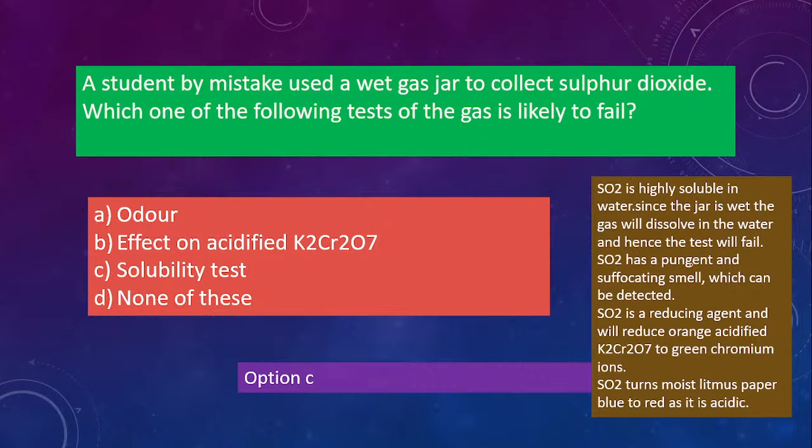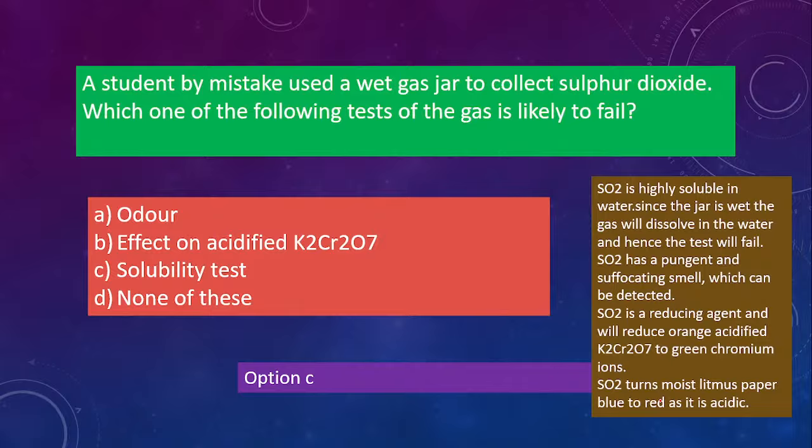If you go for the odor test, sulfur dioxide has a pungent and suffocating smell which can be detected. And if you are taking orange acidified K2Cr2O7, it will be reduced to green color because of the chromium ions. Also, sulfur dioxide turns moist litmus paper from blue to red as it is acidic.